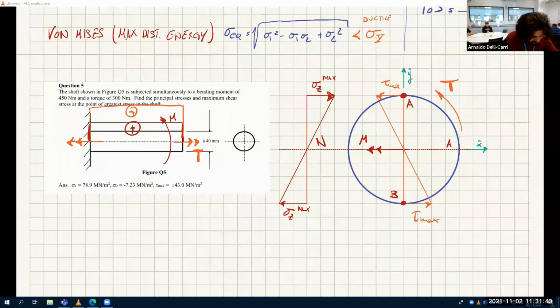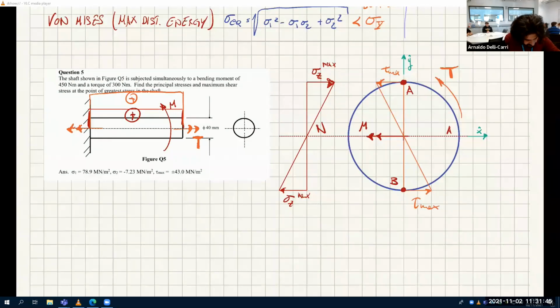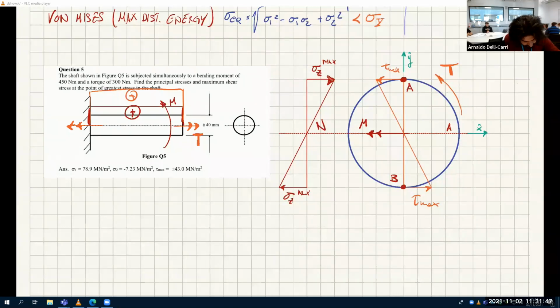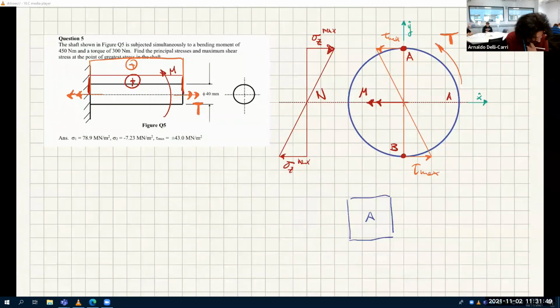So let's show point A and point B on the infinitesimal element. Point A is this one. If I look at it from the top, this is X and this is Z. Do you agree with me? This tau max, what kind of tau max is this?